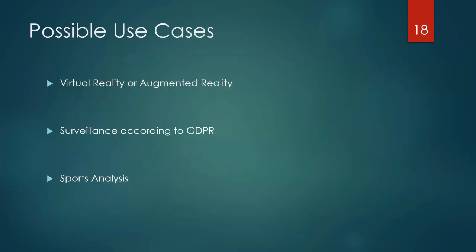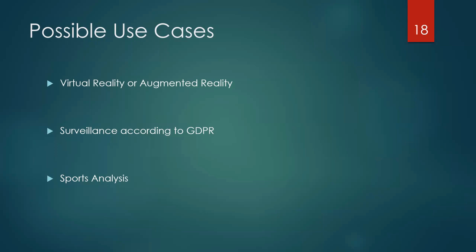So where can we actually use a system that implements this architecture that we defined? Well, we believe that it can be used for applications in virtual reality and augmented reality, as this helps make the transition between visual data and 3D representation easier.